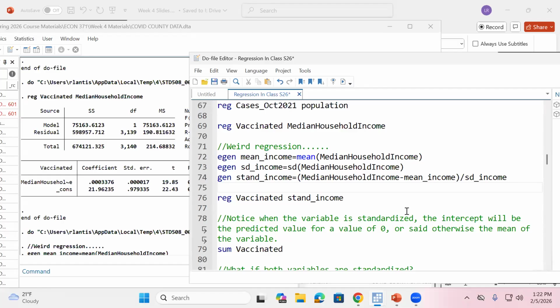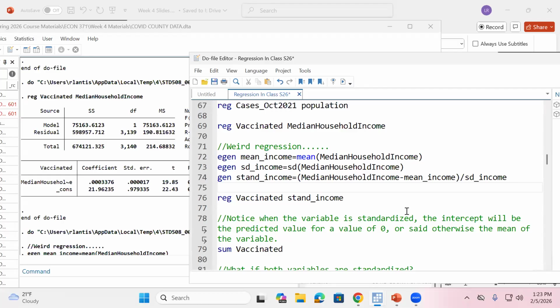The interpretation of the intercept is the predicted y value if my x variable is equal to 0. If I standardize my x variable, when is it equal to 0? If it's standardized, the unit tells me the number of standard deviations away from the mean. So now it would be an income value that is the mean. It's 0 standard deviations away.